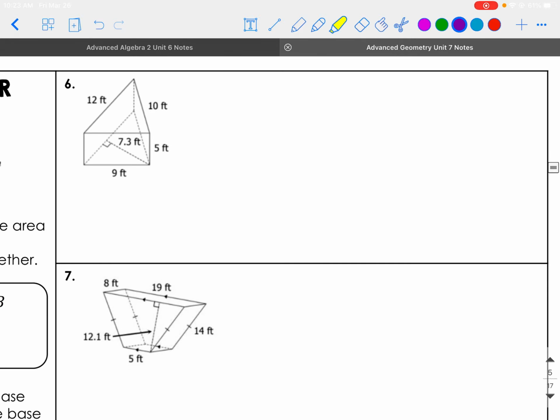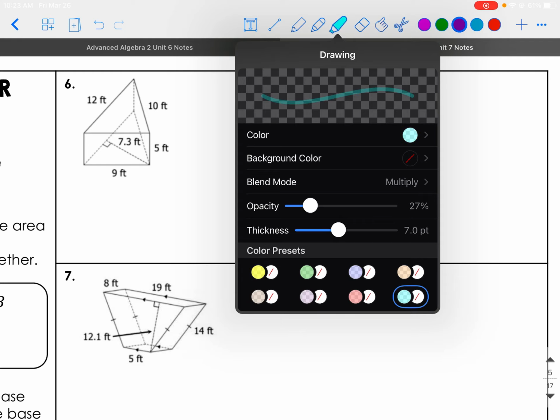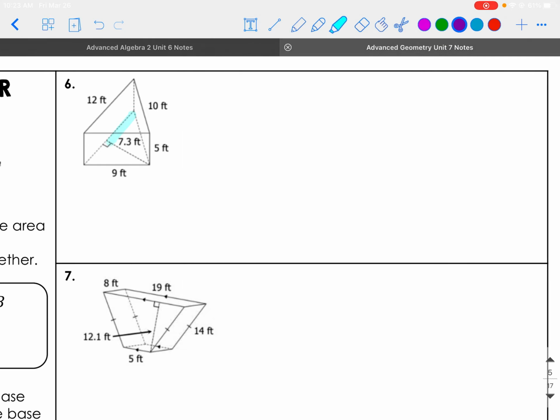Number 6, highlight your bases or trace them or something. I'm just going to highlight the bottom one because if I try to highlight the top, they're just going to overlap. So, all right. So the height of my figure goes from base to base. That's 5.